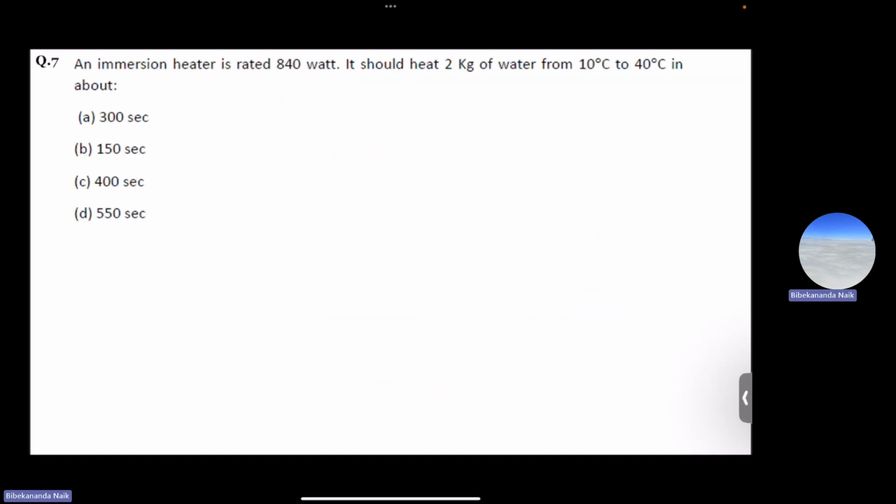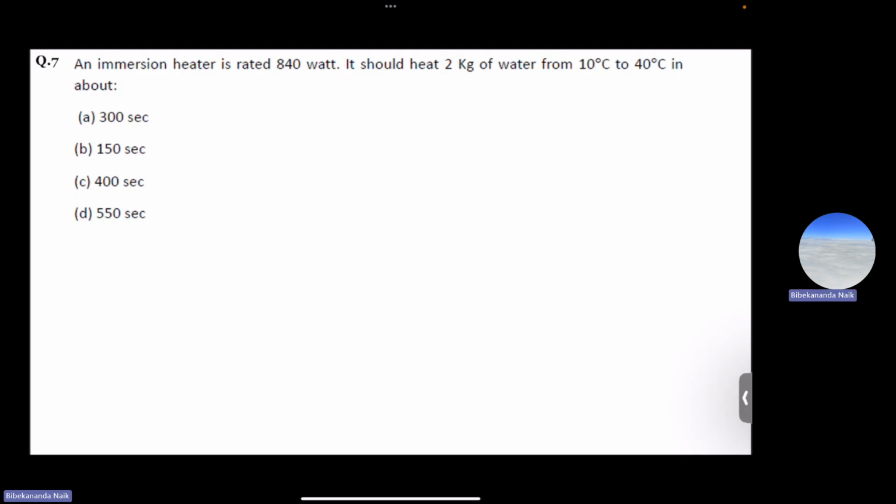Now we move to question number 7. Question number 7 says an immersion heater is rated 840 watt. It should heat 2 kg of water from 10 degrees Celsius to 40 degrees Celsius in about, options are option A 300 second, option B 150 second, option C 400 second, and option D 550 second.